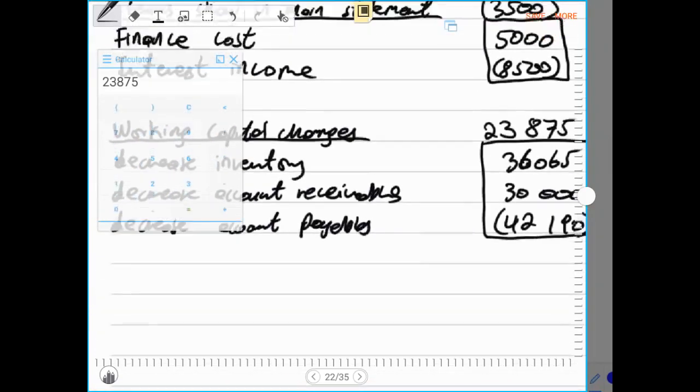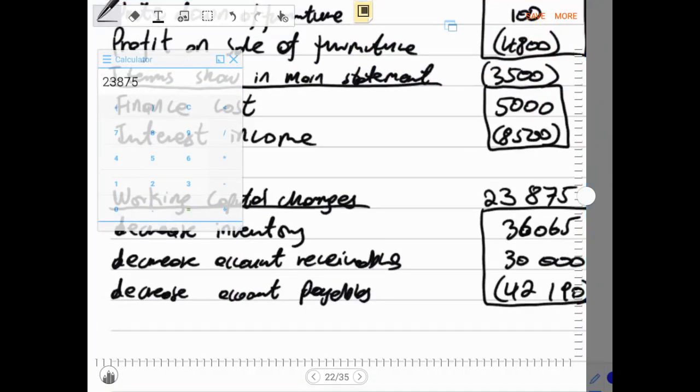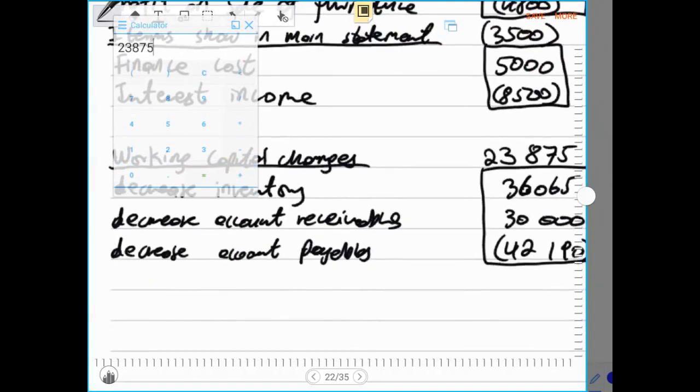Therefore, now we have to calculate our cash generated from operations.